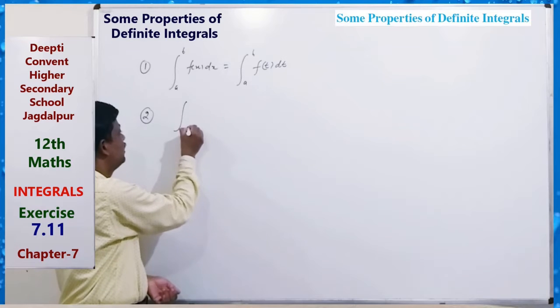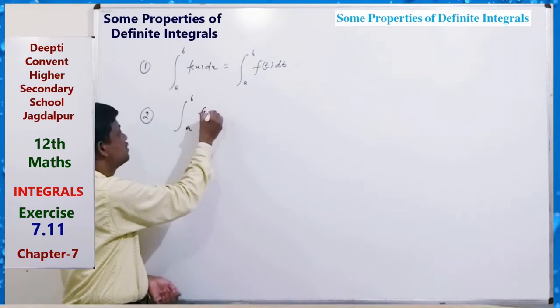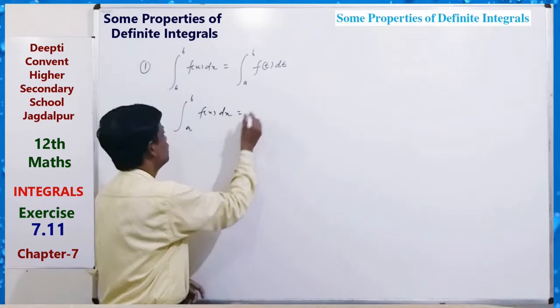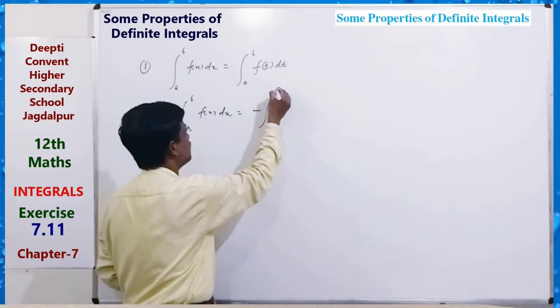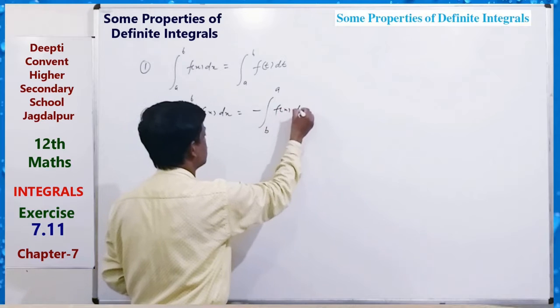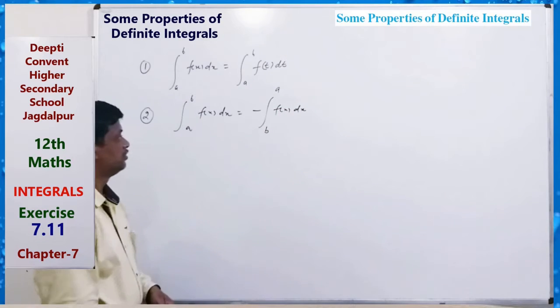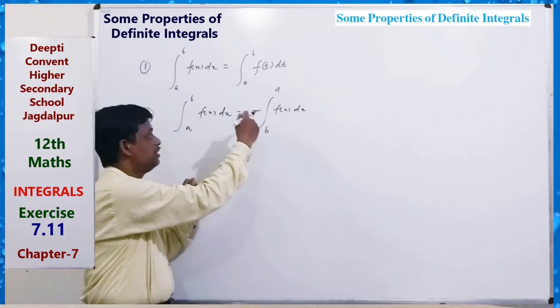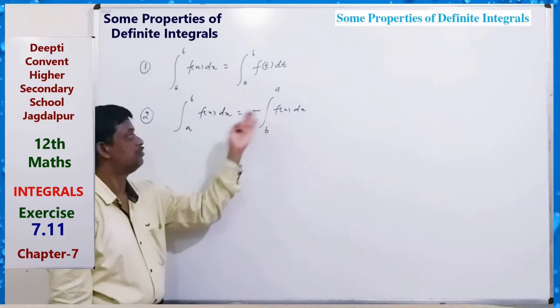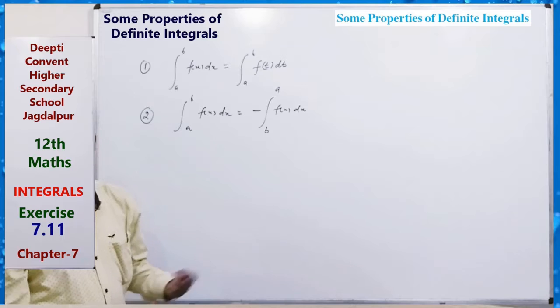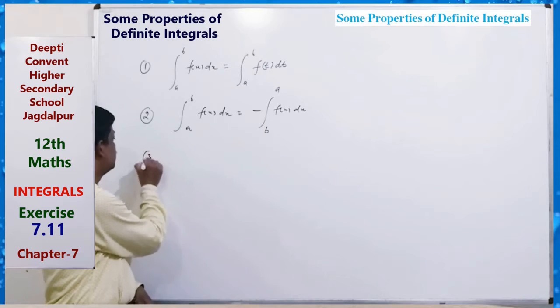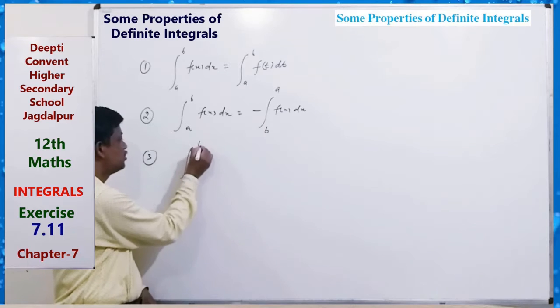Okay. Second property is also important. There are some 5-6 properties. The integral from a to b of f(x) dx equals minus the integral from b to a of f(x) dx. If the limits are a to b and we invert the limits to b to a, then the value of the integral has a negative sign. Third, suppose this is the lower limit and this is the upper limit.